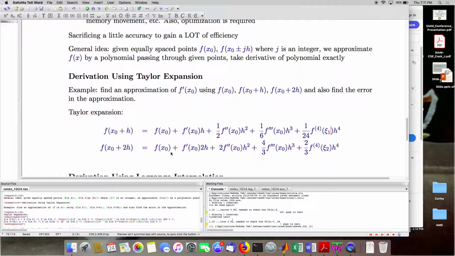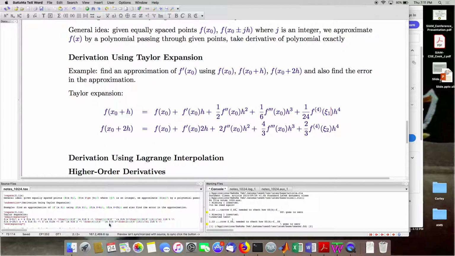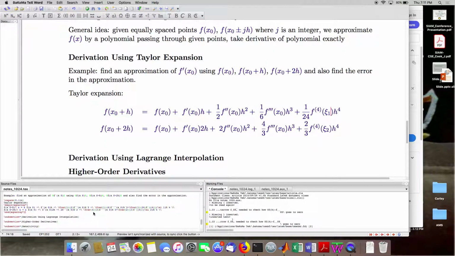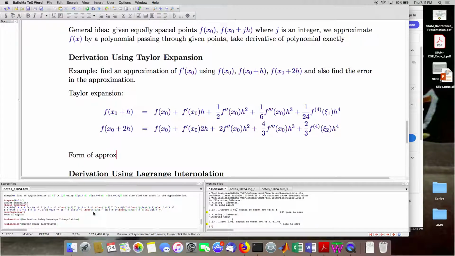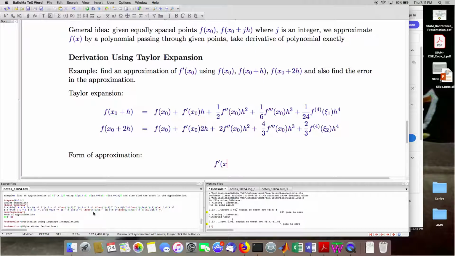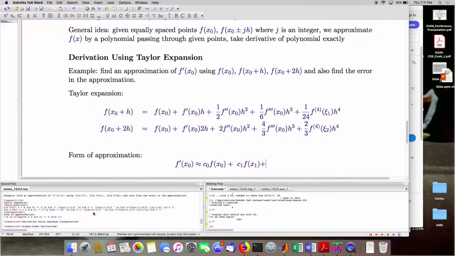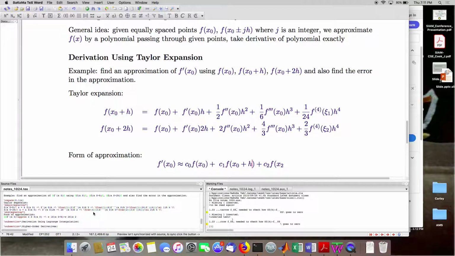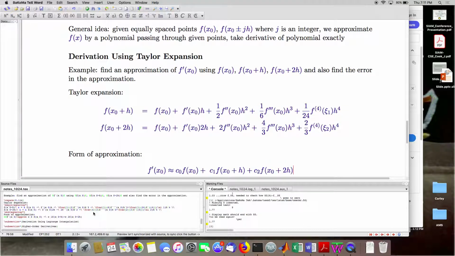Now the form of the approximation is f prime of x naught is approximately C0 f of x naught plus C1 f of x1 plus C2 f of x2. Sorry, x1 is x naught plus h, and x2 is x naught plus 2h.